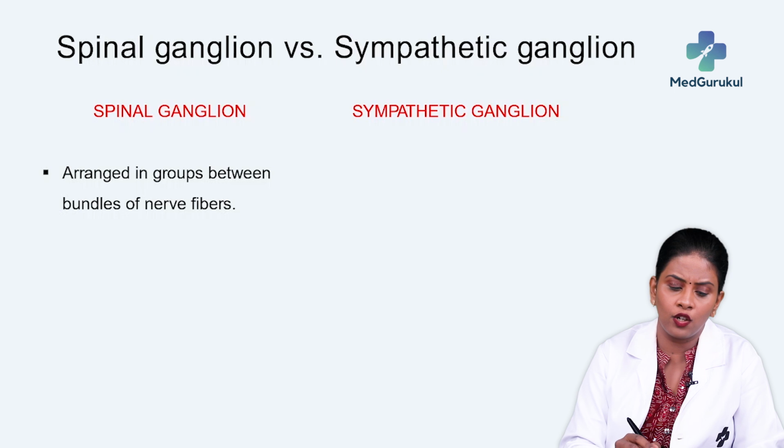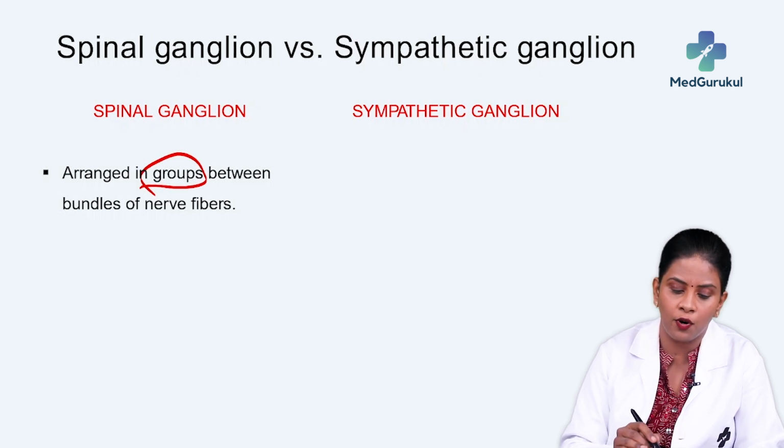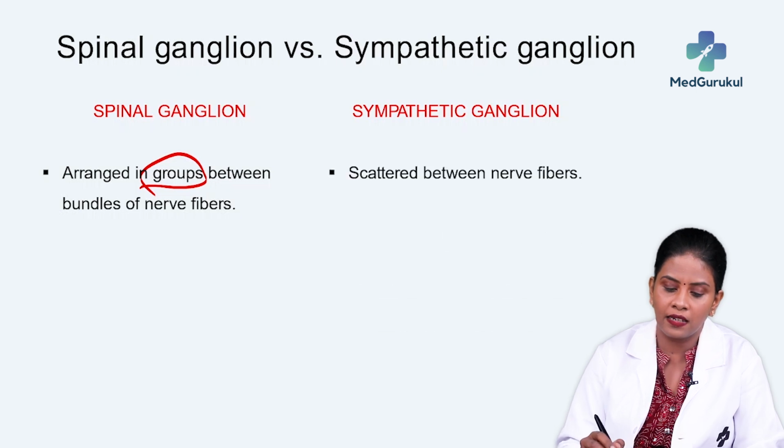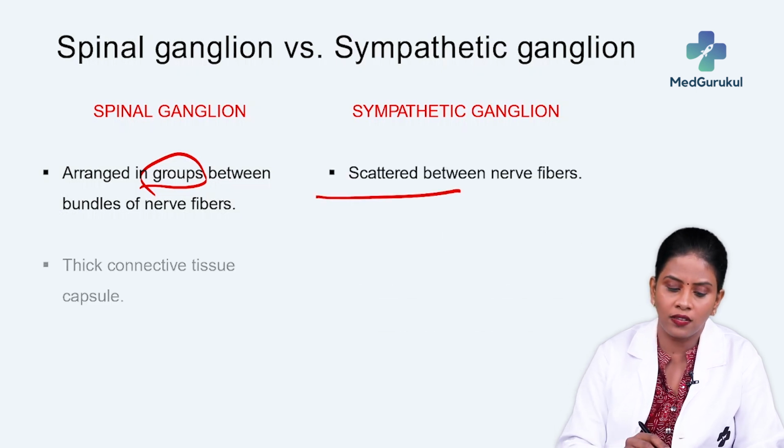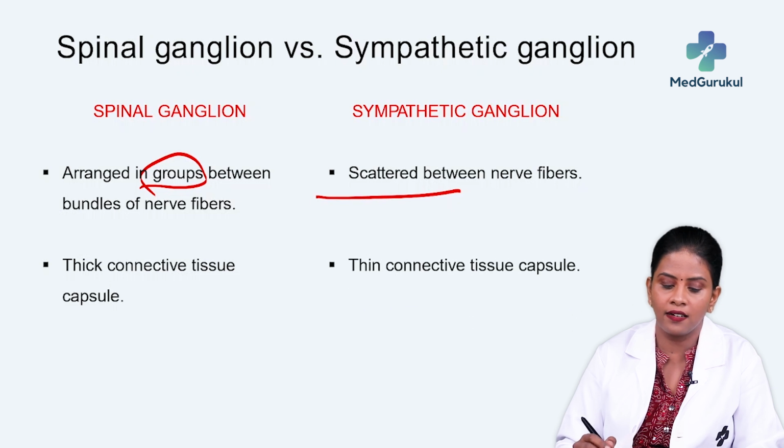In the spinal ganglion, the nerve cells are arranged in groups, an important point, and in sympathetic it is scattered. Spinal ganglion has a thick connective tissue capsule, and here it is a thin connective tissue capsule. This is the basic difference between the spinal ganglion and the sympathetic ganglion.